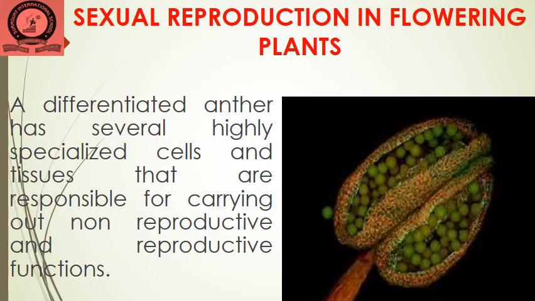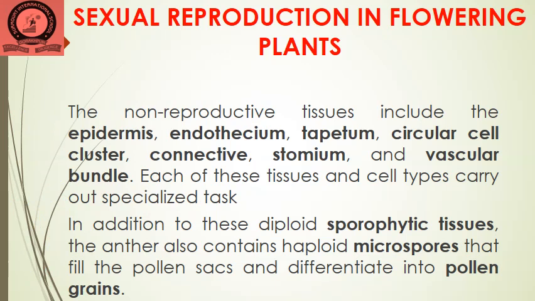Actually, the anther is made up of several layers of cells, and these are highly specialized cells that perform different functions. They are responsible for carrying out reproductive and non-reproductive functions. The non-reproductive tissues include the epidermis, endothecium, tapetum, circular cell cluster, connective, stomium, and vascular bundles.